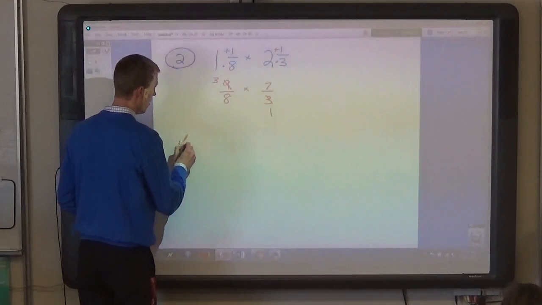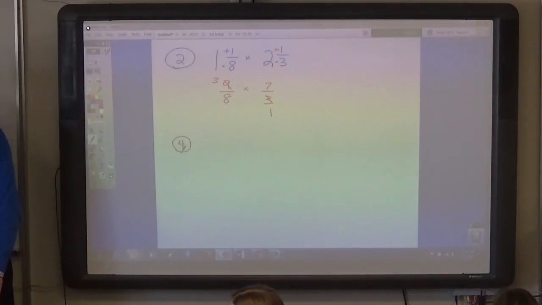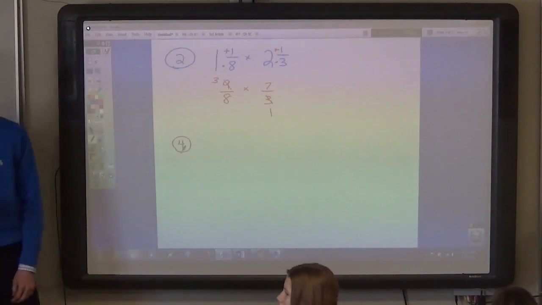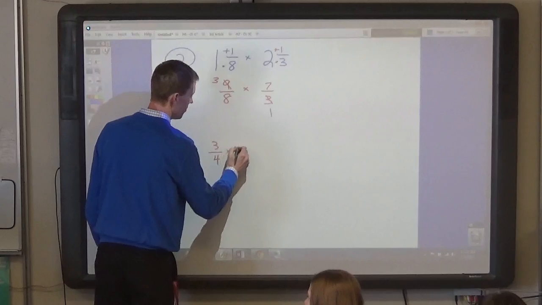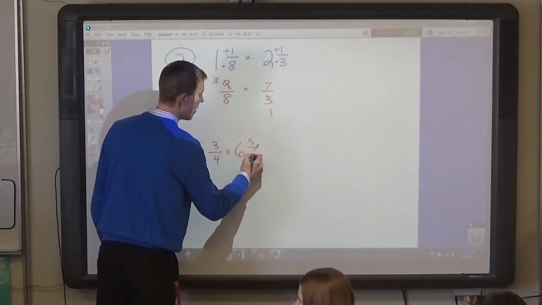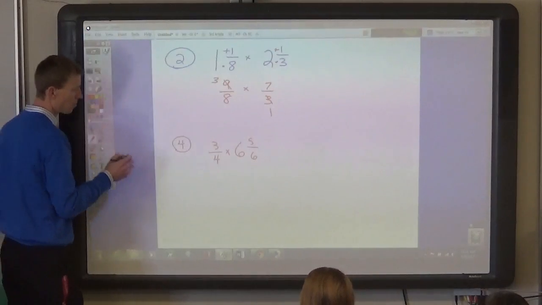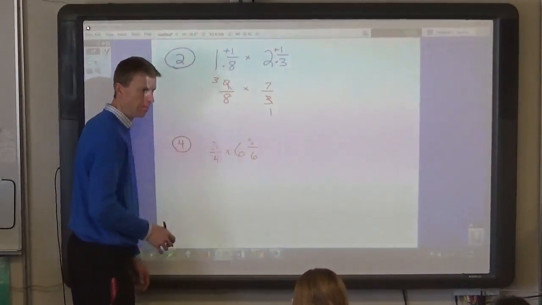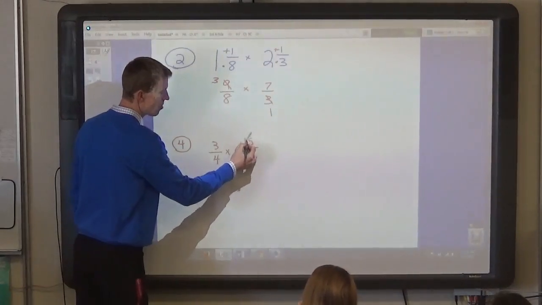Go to number 4. 3/4 times 6 and 5/6. Write that down first. And we have to rewrite this problem, because we have to change 6 and 5/6.